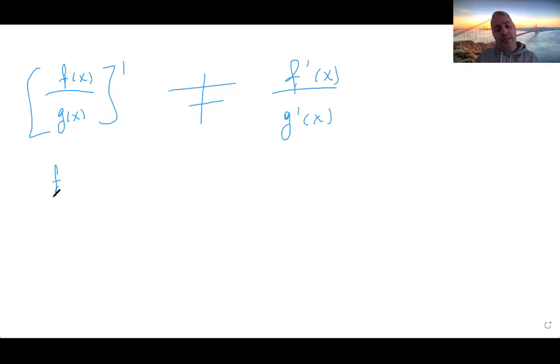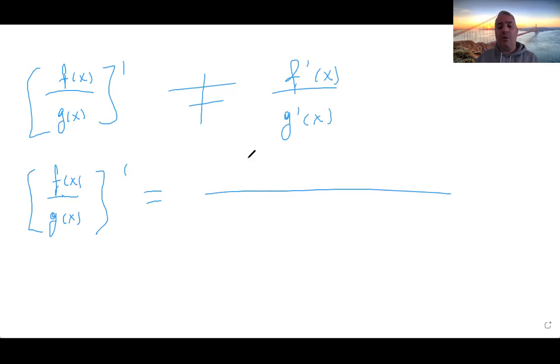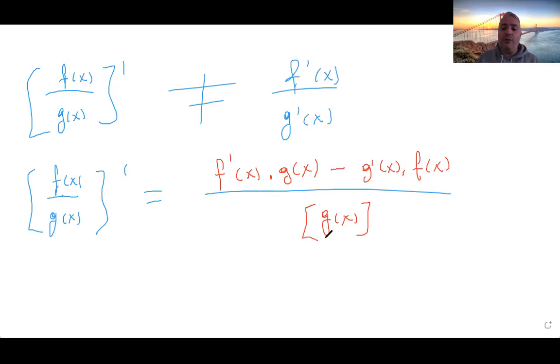The rule is this: f of x divided by g of x derivative is equal to the derivative of the first one times the second one itself, minus, not plus, minus, the derivative of the second one times the first one, divided by the second function to the power of 2.